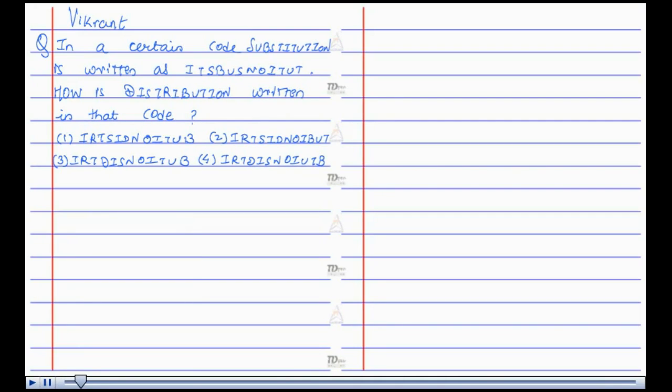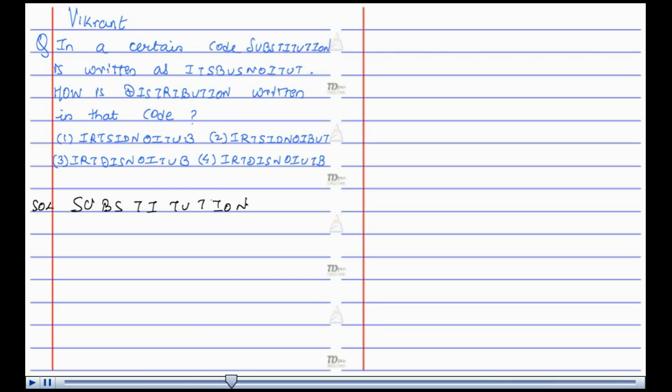Hello, I am Vikrant. The question is, in a certain code, substitution is written as IT, SBUS, NO, ITUT. How is distribution written in that code? The solution is, if you look at the coding of substitution, the spelling is SUBSTI, TUTION.